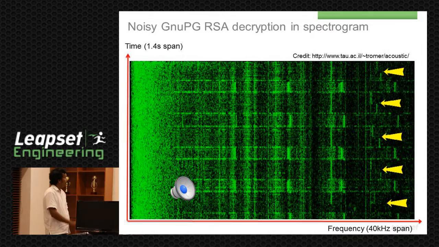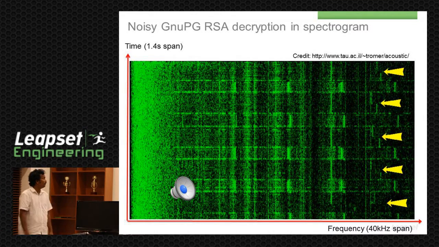Now these yellow arrows point at the middle of an RSA operation. If you look at the details of RSA, it uses two primes, P and Q. It first uses P and does one process, and then uses Q and does another process when it is decrypting any data.